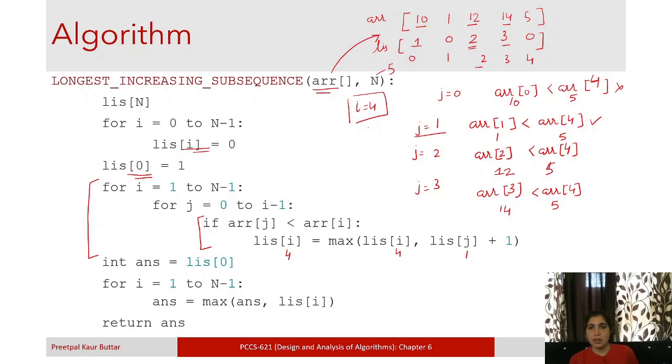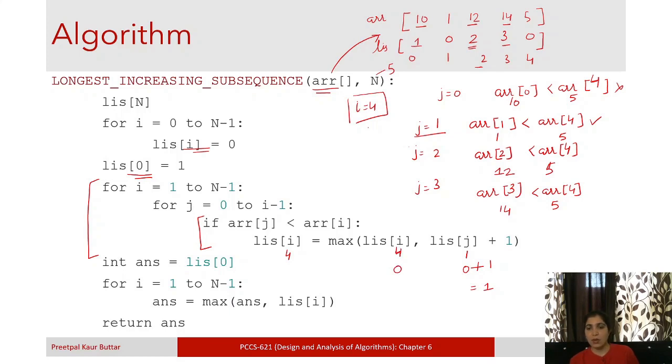When it is 1, the value here is 0. 0 plus 1 equal to 1. And LIS at 4 is 0.